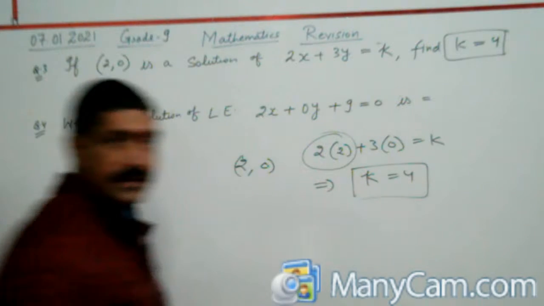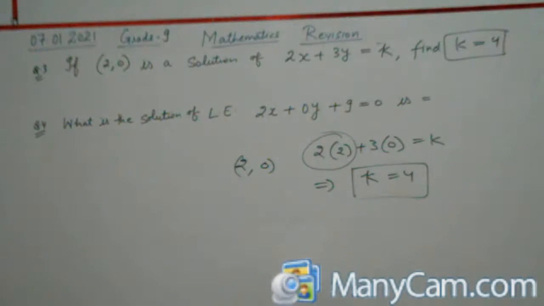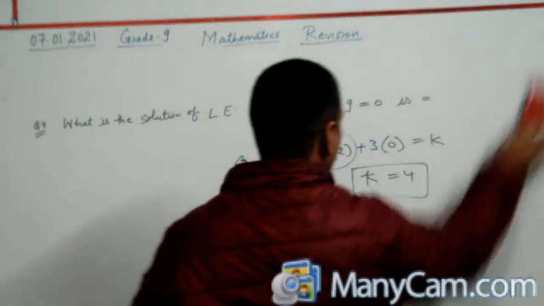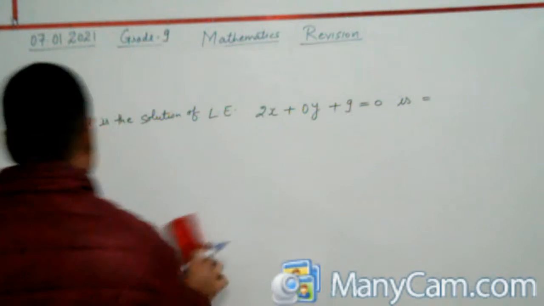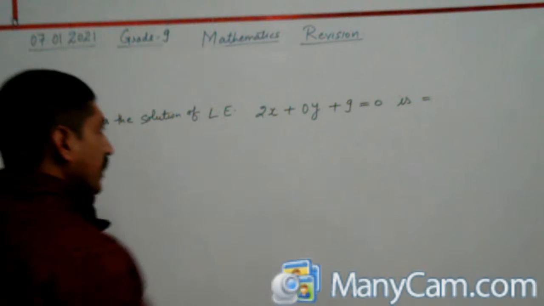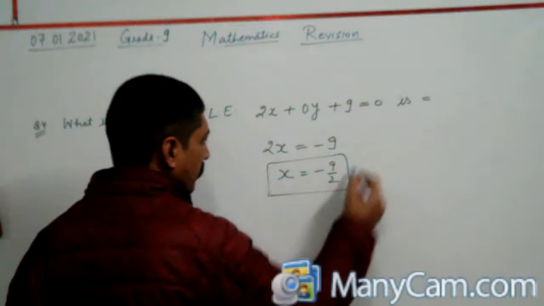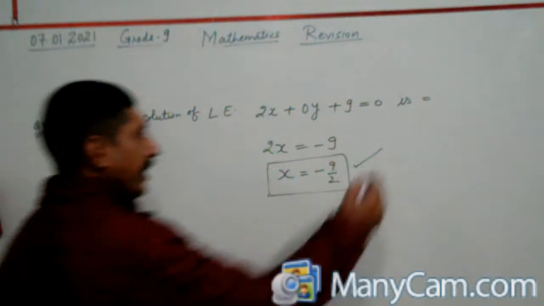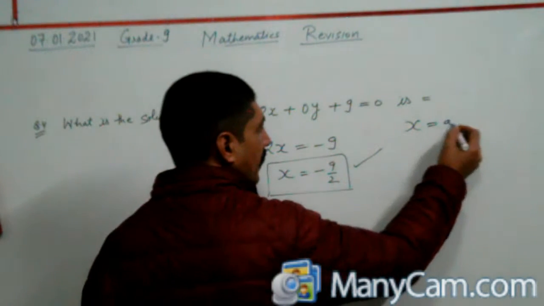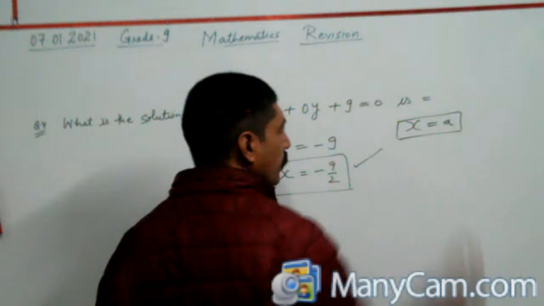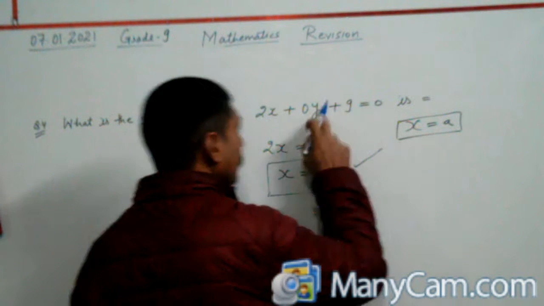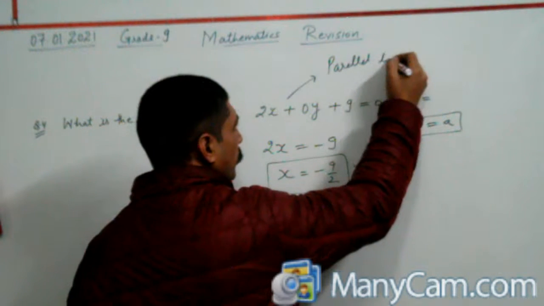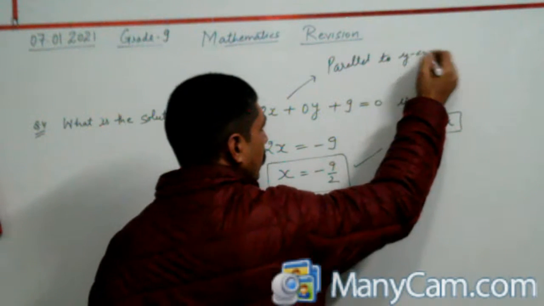Second question, what is the solution? Here we have the equation 2x equal to minus 9, of the form x is equal to a. This is a line parallel to the y-axis.